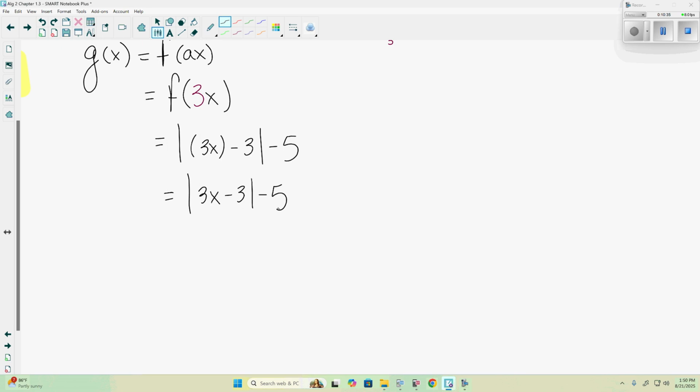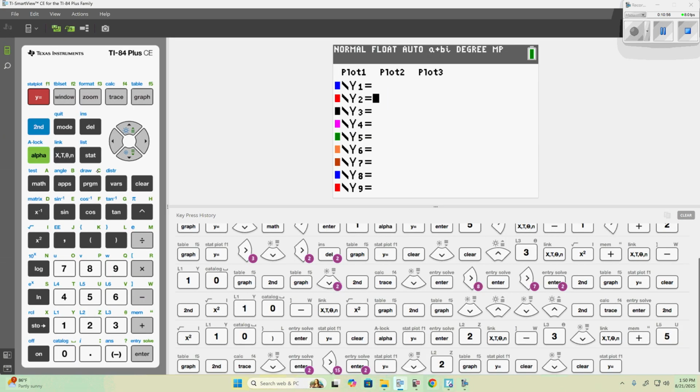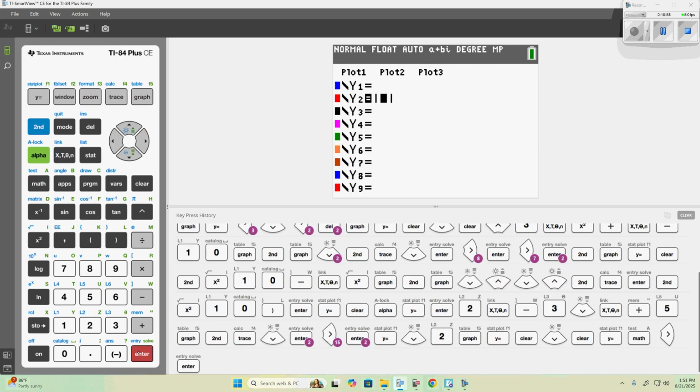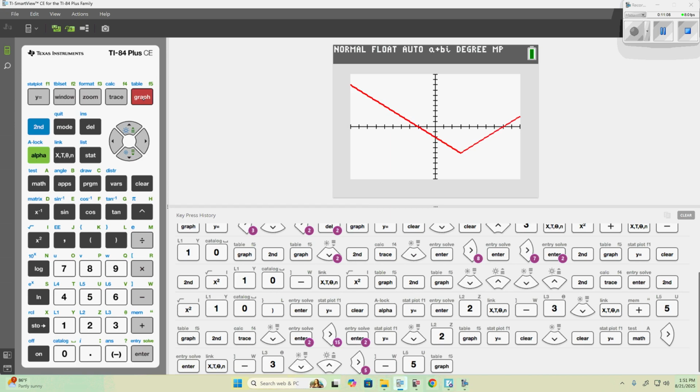There's nothing attached to it, so we can just drop the parentheses, giving us the absolute value of 3x minus 3, minus 5. That's it. That's our absolute value function.